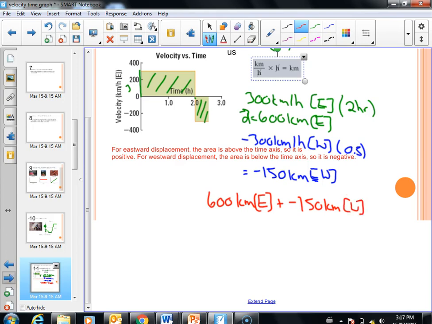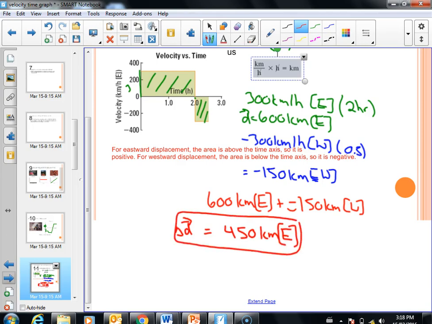If I assigned their signs, positive and negative, to put that together for a total displacement, I always forget to put those, I would have 450 kilometers east, because it's positive, and there would be my answer. And I found that out from the graph. Totally amazing. So there we go. That's how we can find displacement from a velocity time graph.